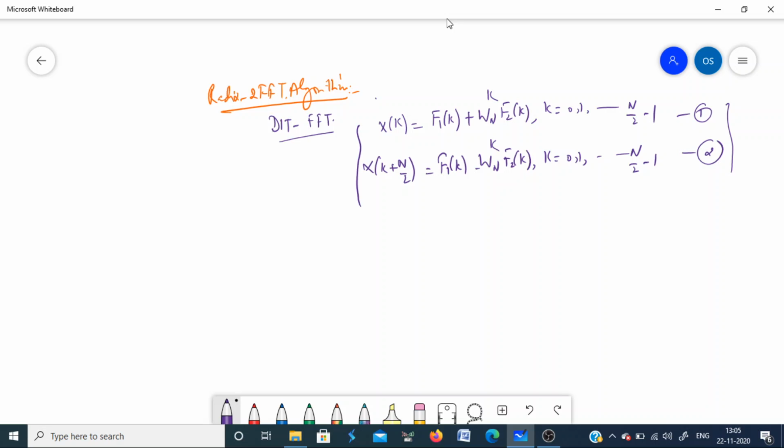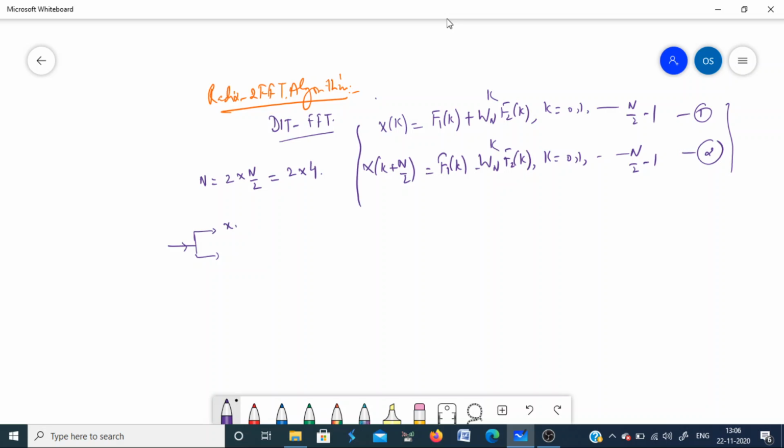So if you have to compute the 4-point FFT or 8-point FFT, we have taken an example in this case. You first decompose N as 2 into N by 2. In the case of 8-point FFT, it is 2 into 4. So you divide this input sequence into two parts.